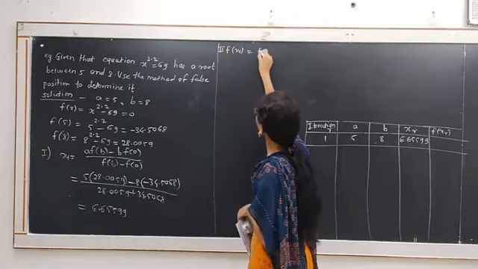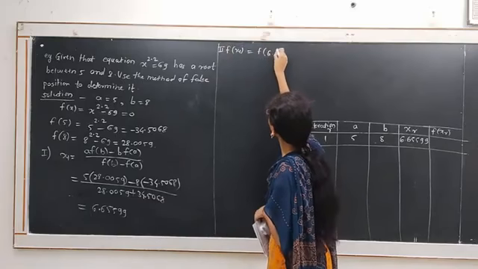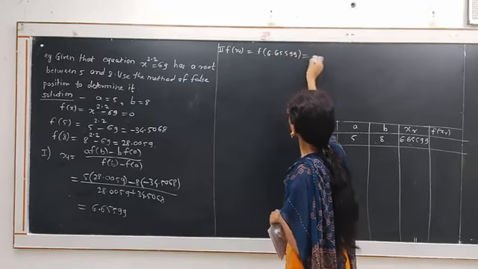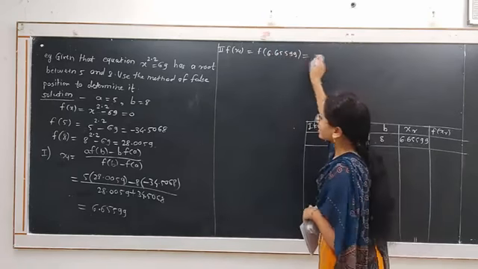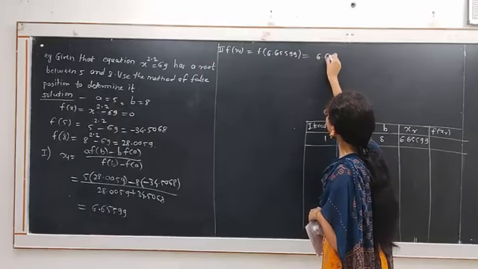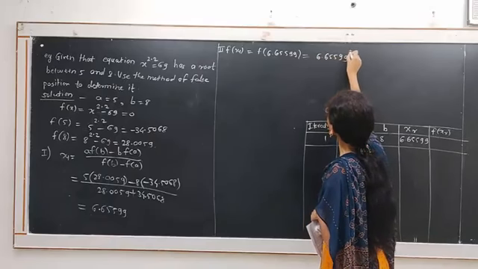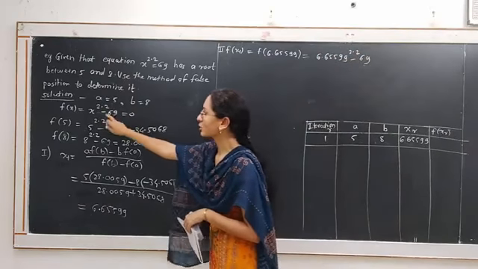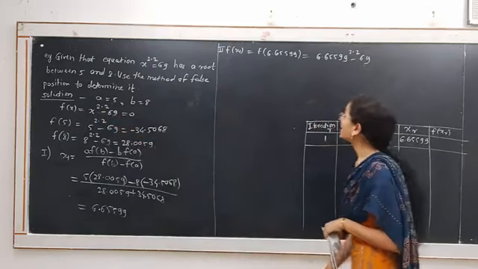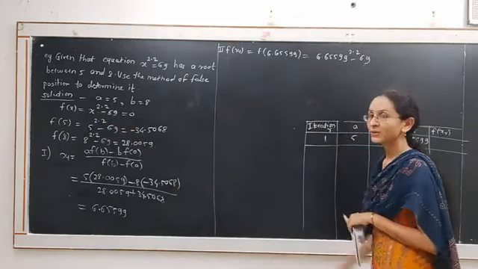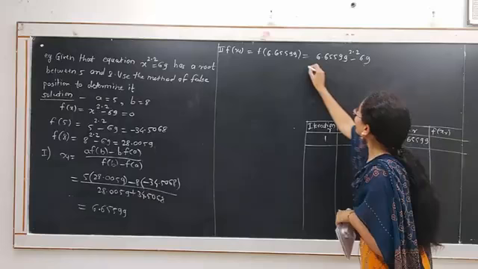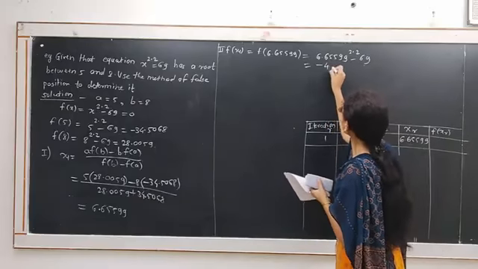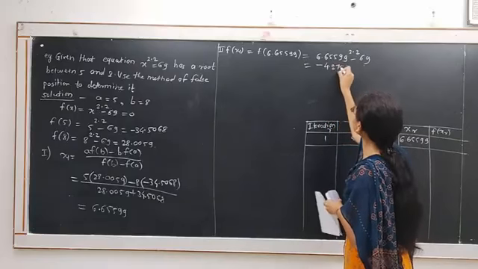F of x1 is f of 6.65599, which means x value is 6.65599 raised to 2.2 minus 69, because f of x is this function x raised to 2.2 minus 69. We use x equal to 6.65599 and after calculating this value we get f of x1 as minus 4.2756.